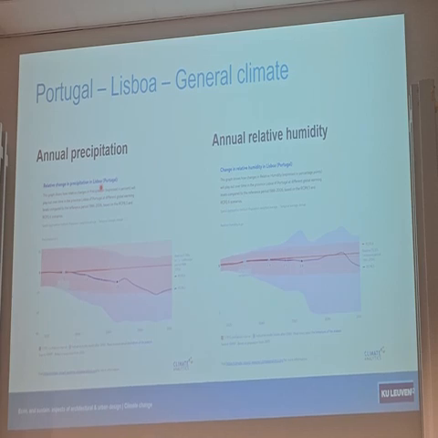I also looked into precipitation and relative humidity, and that's linked to what I said earlier, that this Mediterranean area is expected to get drier over time, which you clearly see represented here. So we see by, let's say, 2060, in a worst case scenario, a reduction of the annual precipitation of about 15%.